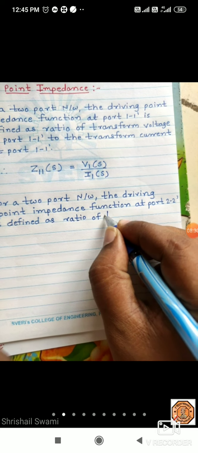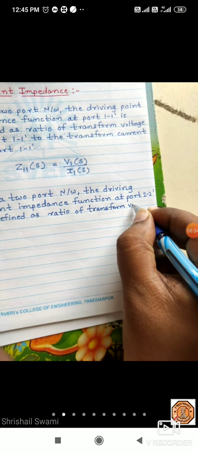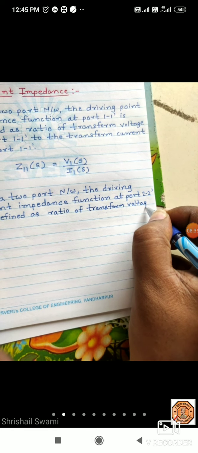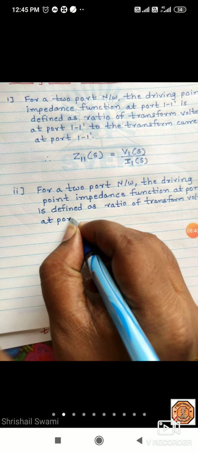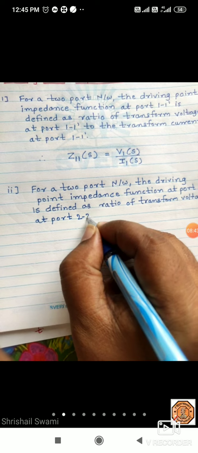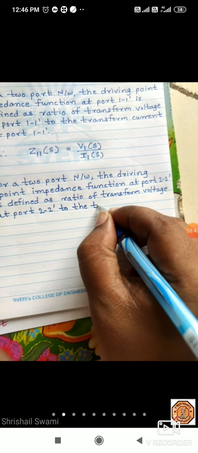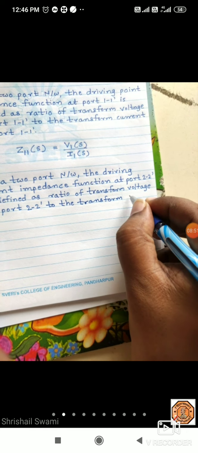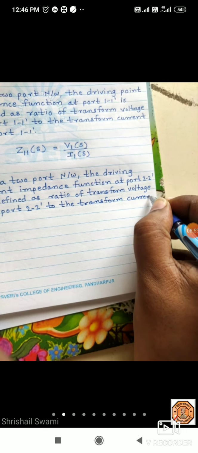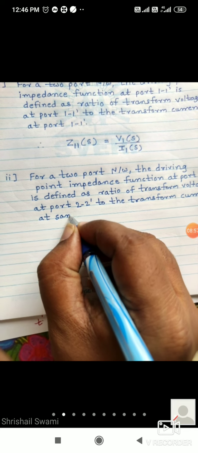Ratio of transform voltage at port 2 dash to the transform current at same port, that is 2 dash.